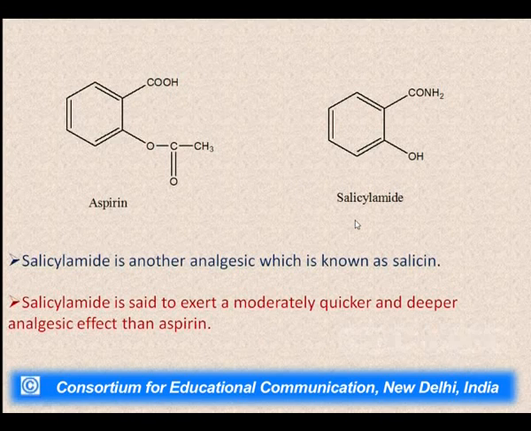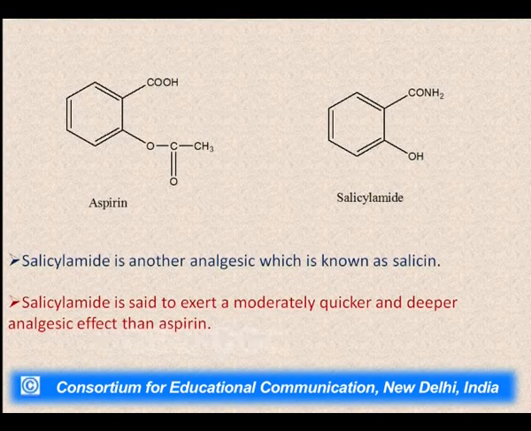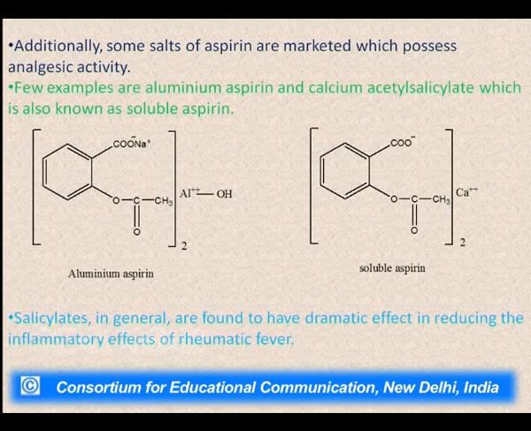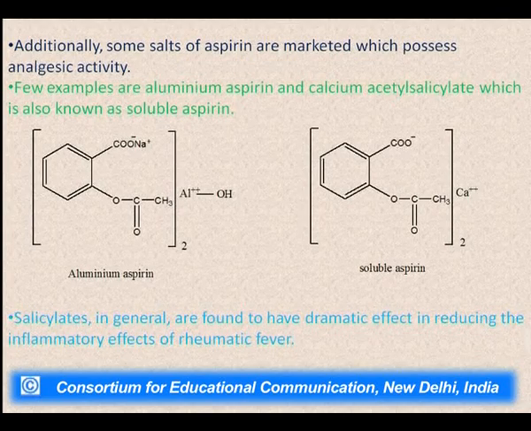And this is salicylamide. Salicylamide is another analgesic. This salicylamide is said to exert a moderately quicker and deeper analgesic effect than aspirin. Additionally, some salts of aspirin which possess analgesic activity are also marketed. One of them is aluminium aspirin.